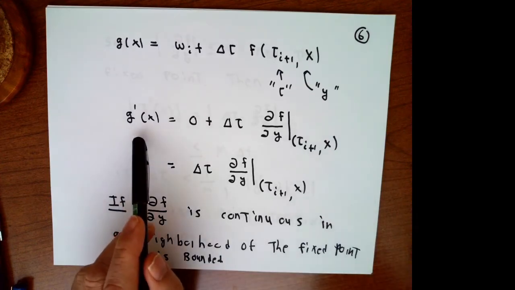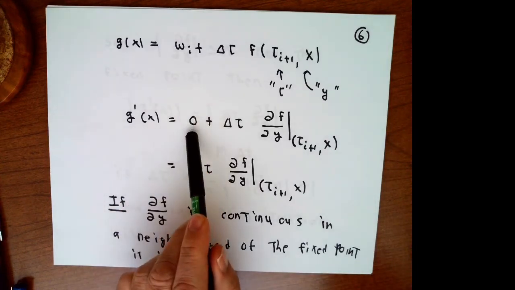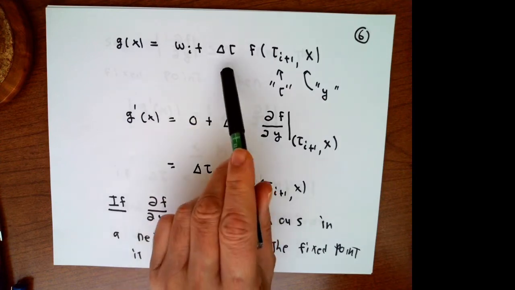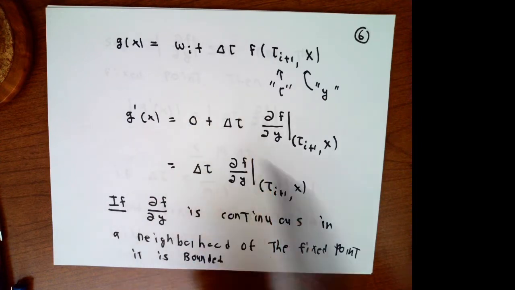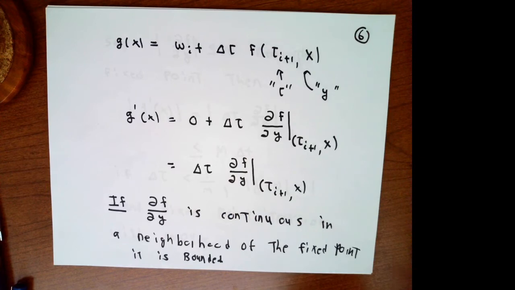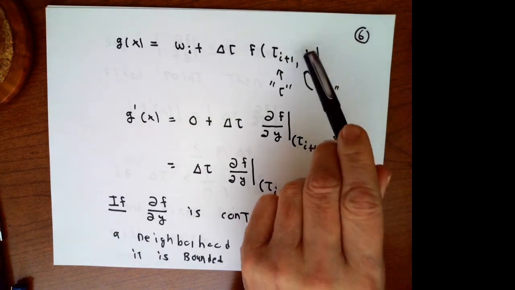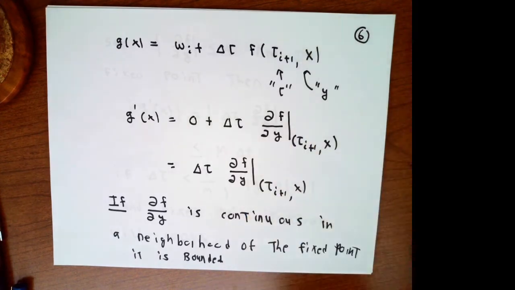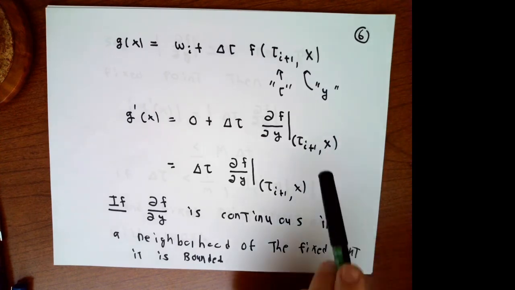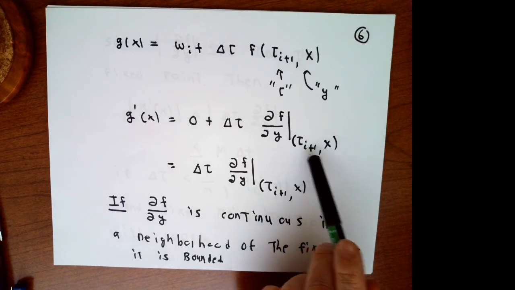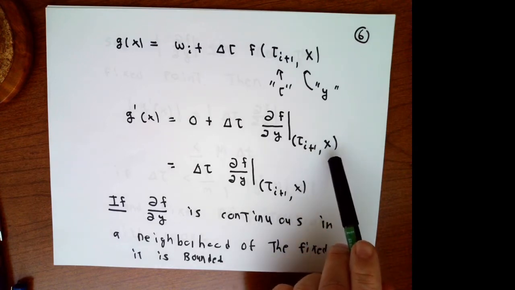G prime at x is the derivative of a constant plus a constant factor times, in this sense, the derivative of f with respect to that variable. That would be the partial derivative of f with respect to y. I have to evaluate that at ti plus 1 and x.